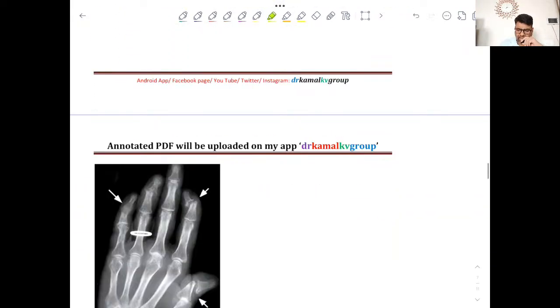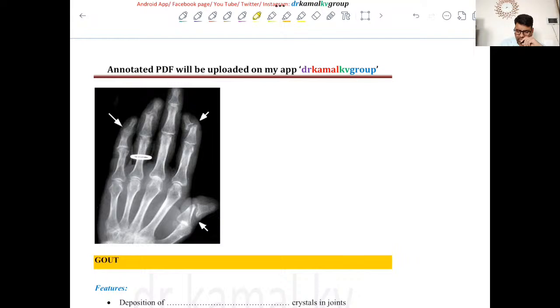And what we see in X-ray, we can see pencil in cup deformity, right? So there is tapering of the tip of the middle phalanx, and there is broadening of the base of the distal phalanx. So this becomes pencil and this becomes cup.